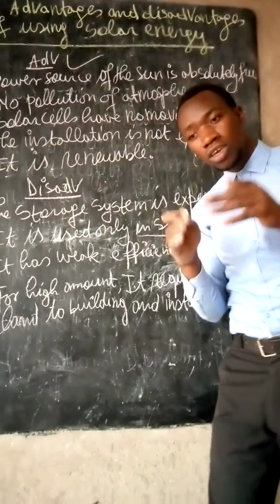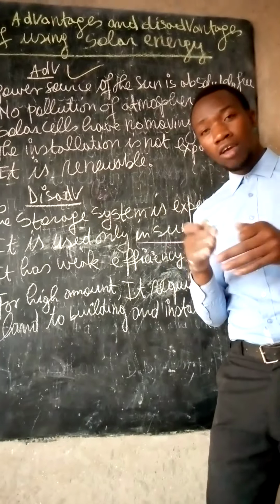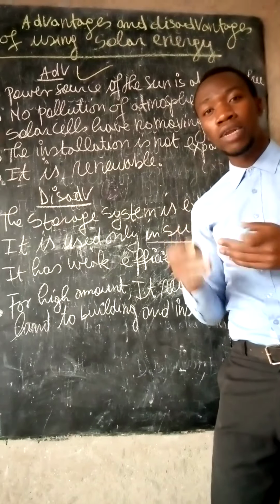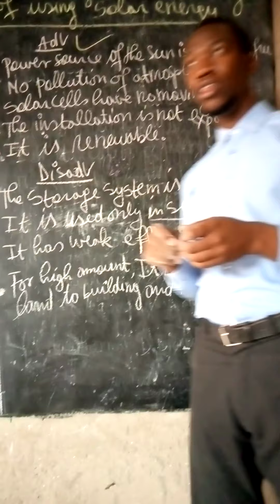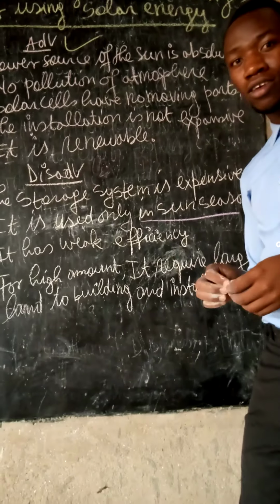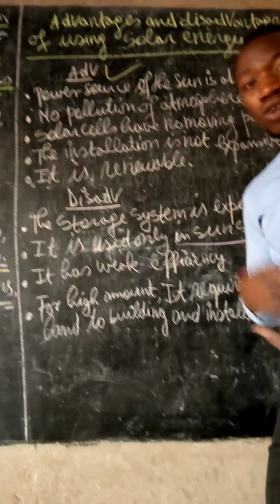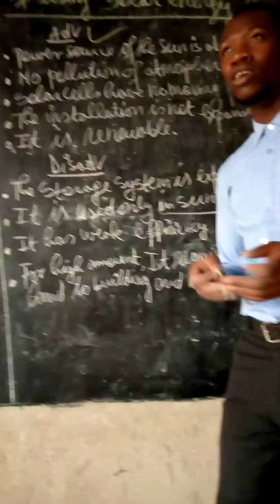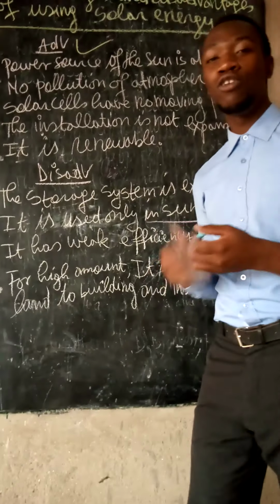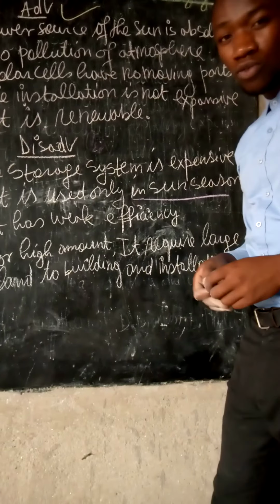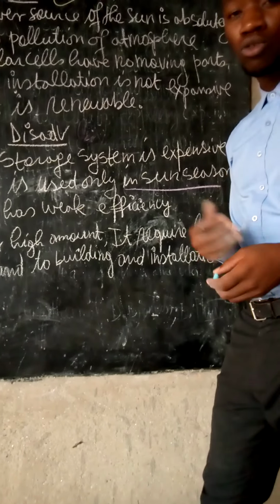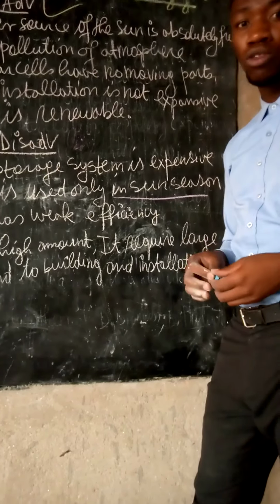Anyone can use the sun. Everywhere in this world, you are free to use solar energy. There is no cost. If you need it, you can use it. There is no pollution of the atmosphere. Solar energy doesn't pollute the atmosphere.